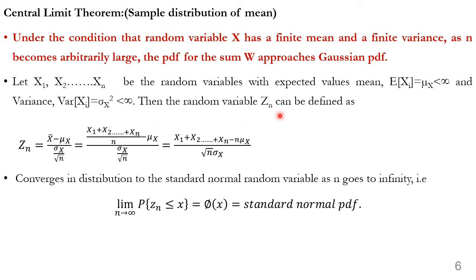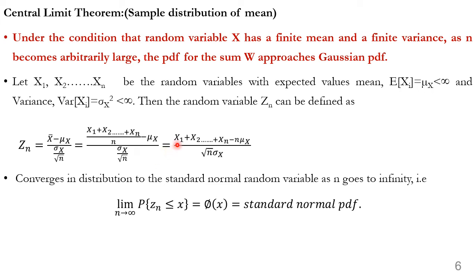Then the random variable Zn can be defined as (x bar minus mu x) divided by (sigma x by root n), where x bar is given by (x1 plus x2 up to xn) divided by n.